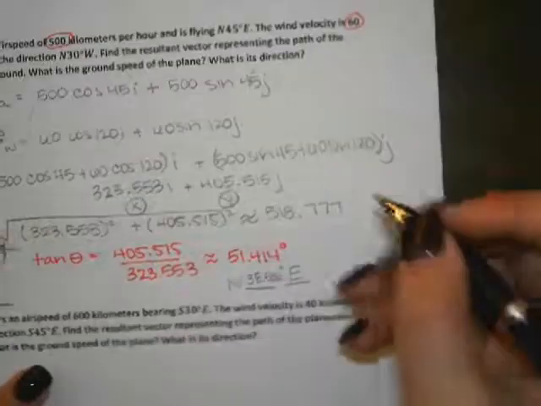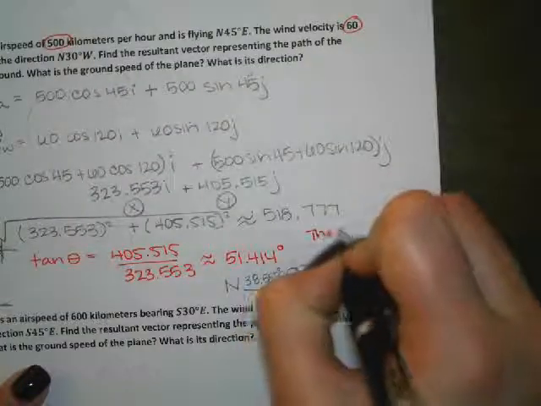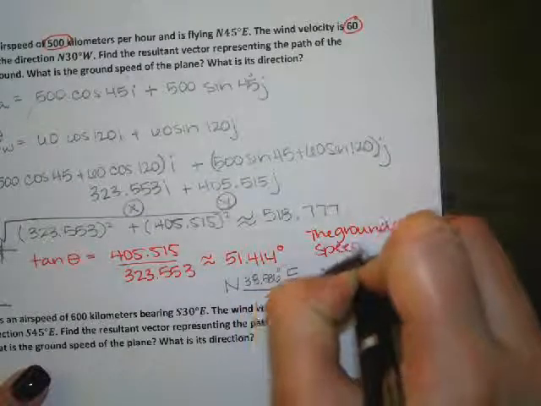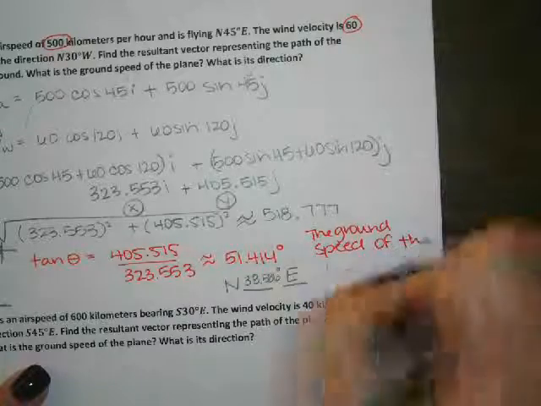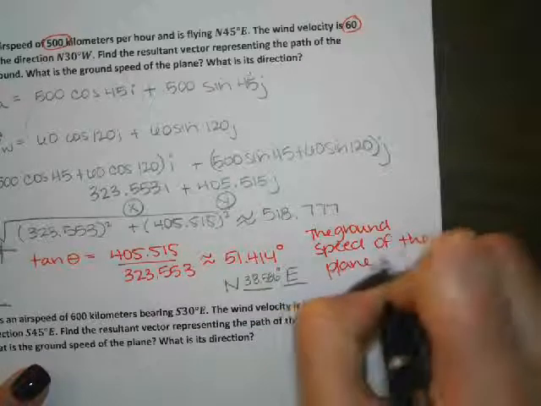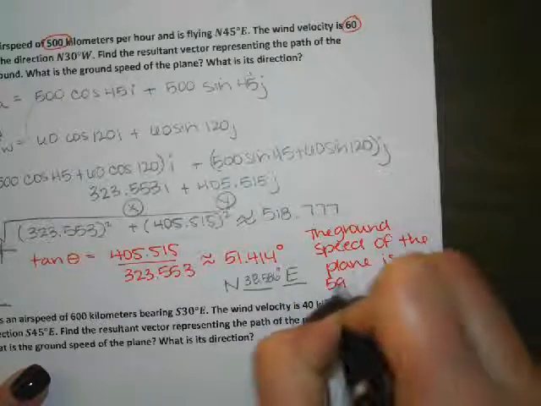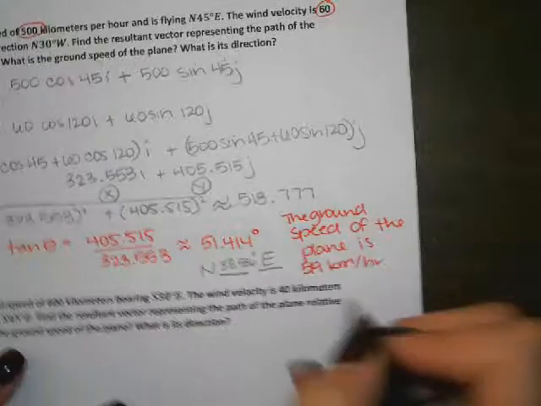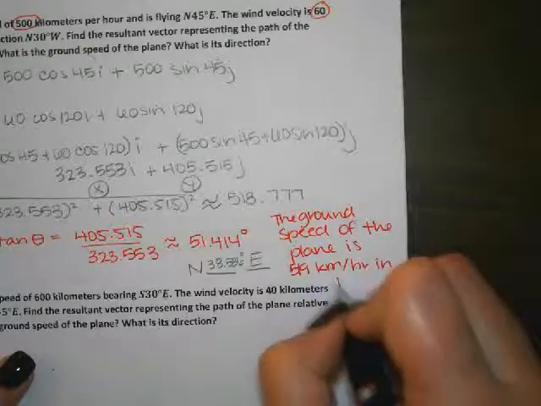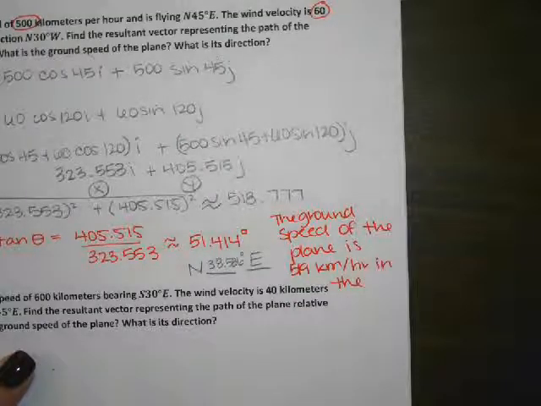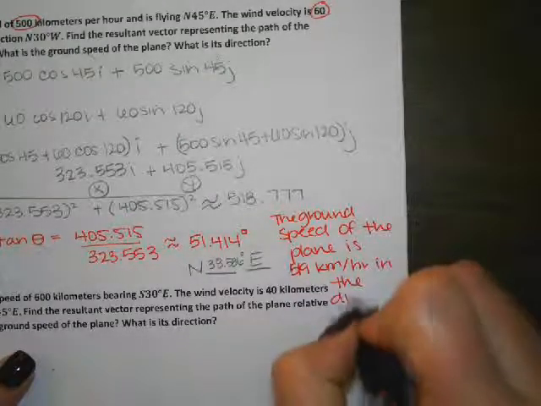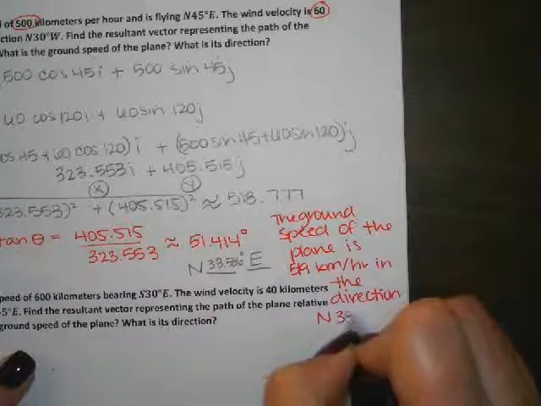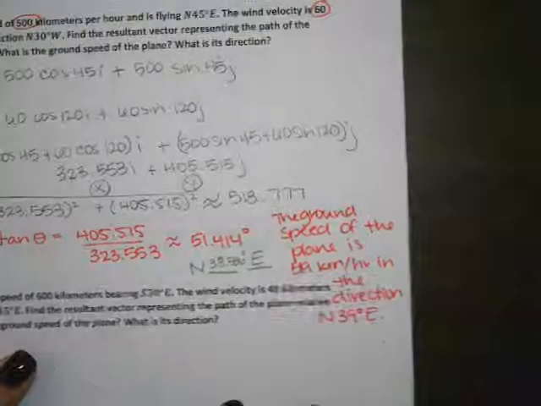Okay. So we're going to say the ground speed of the plane is 519 kilometers per hour in the direction north 39 degrees east.